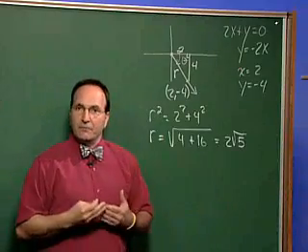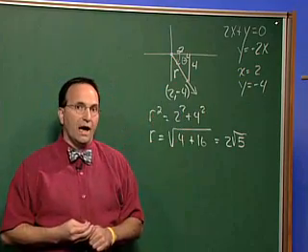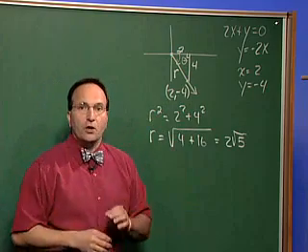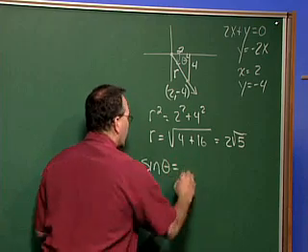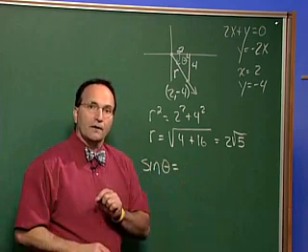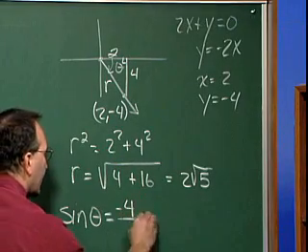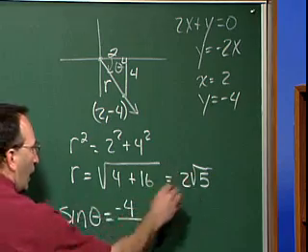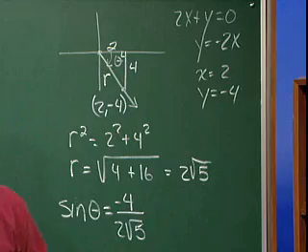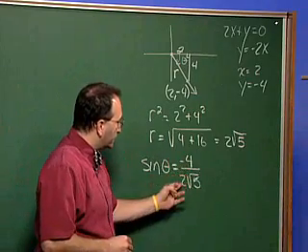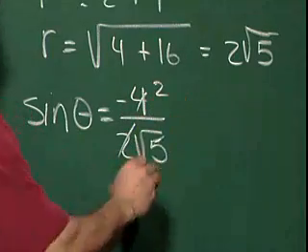Well, now that I have my value of r, and I already had my values of x and y, I know that the ratio for sine theta is y over r. And so that's equal to negative 4 over r, which is 2 square roots of 5. Of course, I can reduce the 2 and the 4 down to 1 and 2.